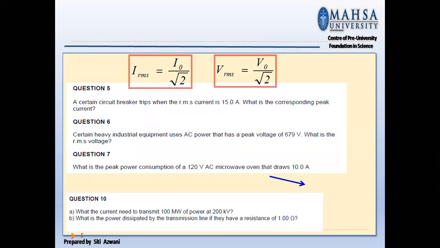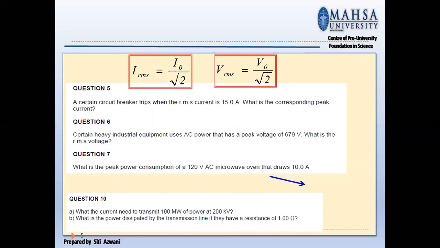Next question, question 5, question 6, question 7, question 10. You need to apply again the formula for IRMS and VRMS. Remember in alternating current and voltage, you have a term for your IRMS and VRMS.